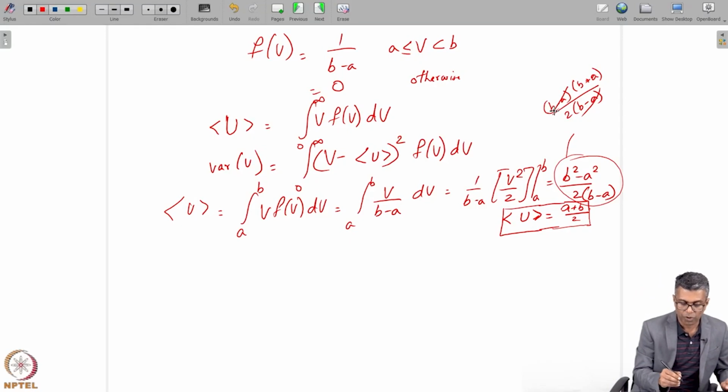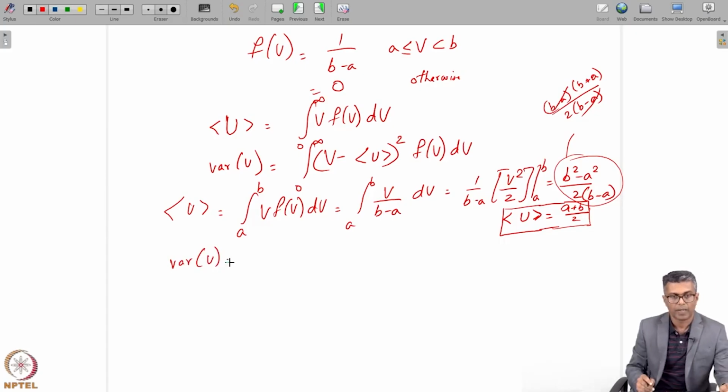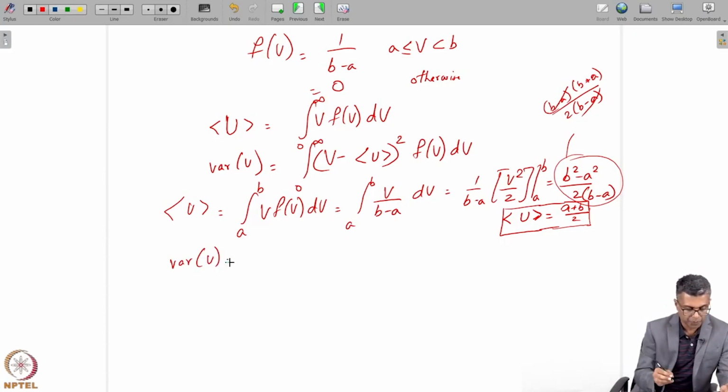Now, in order to find out the variance, here is what we do. Your variance of u is going to be equal to, again, the integral from a to b of (v − u mean), isn't it? What is the u mean? It is (a + b)/2.